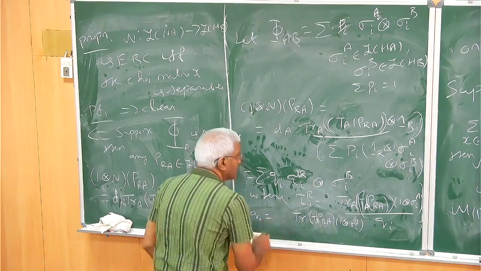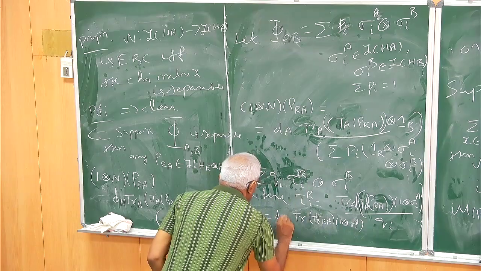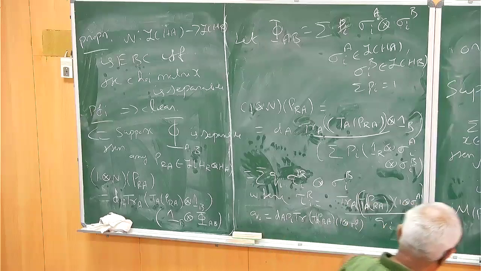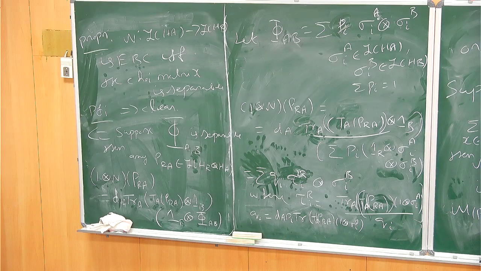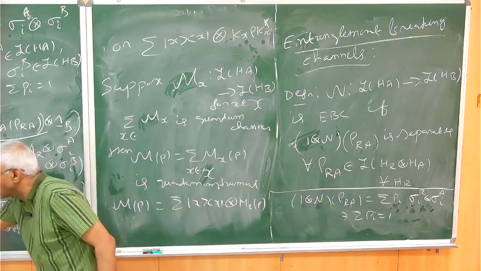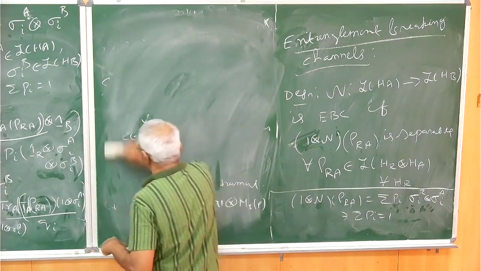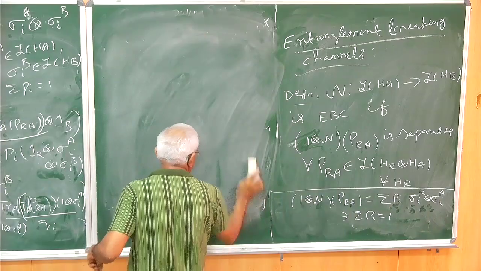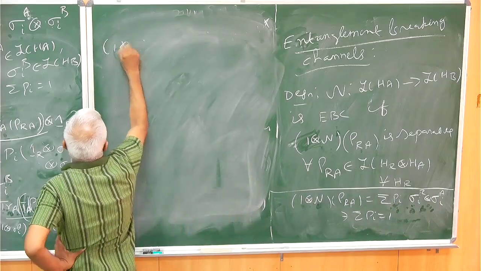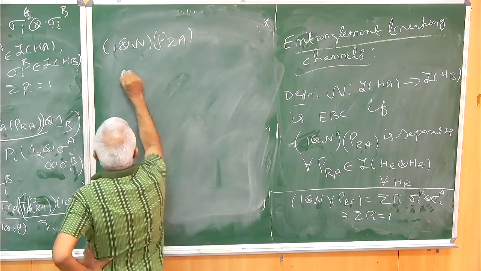QI is equal to PI, dA, PI. Change the camera. I'll go there. I've just written the thing. So this thing implies 1 tensor n of rho RA.